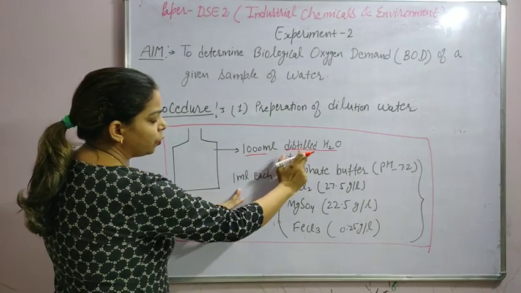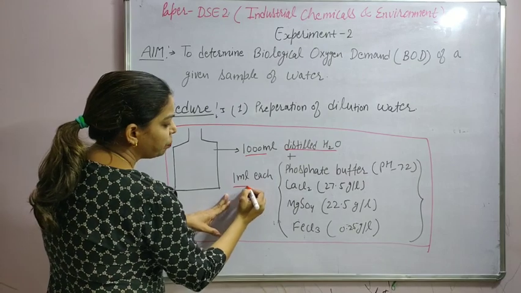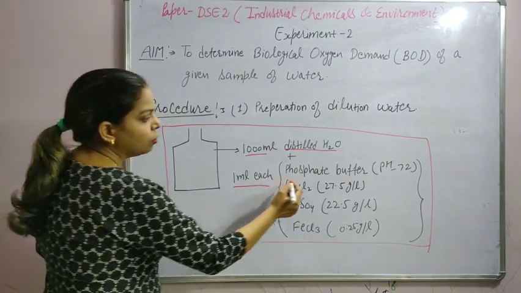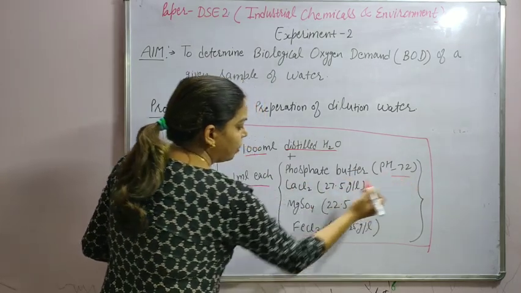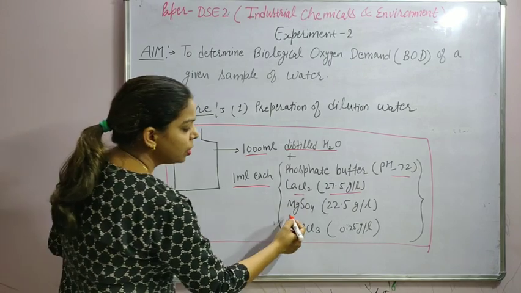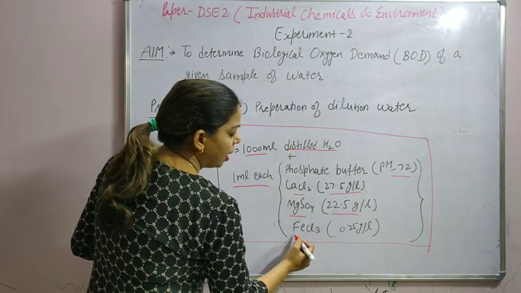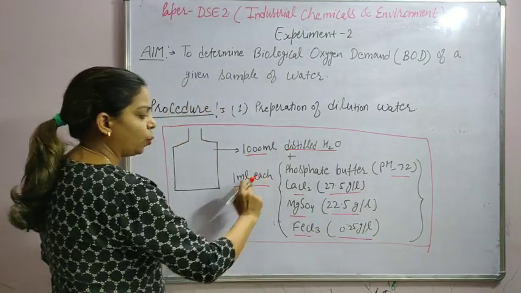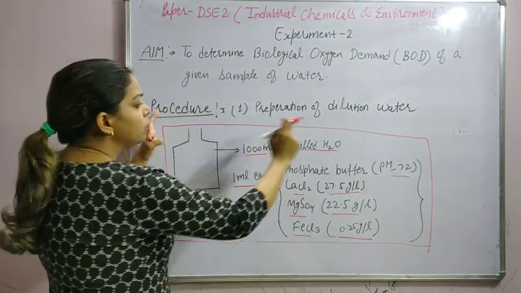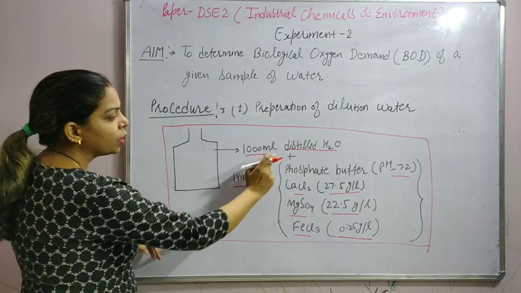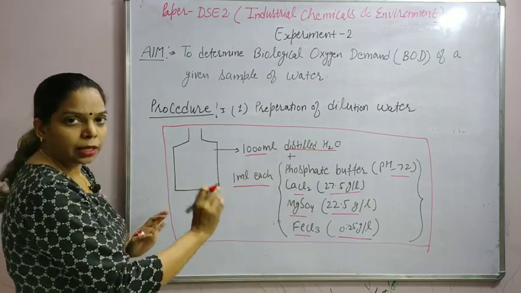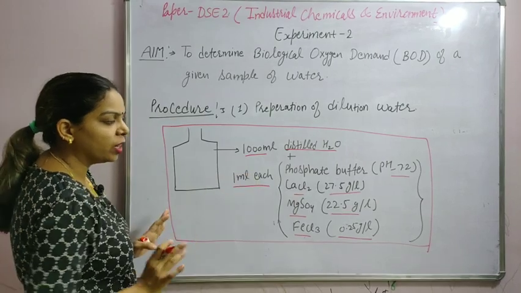To this 1 liter of distilled water, you will add 1 ml of each of these solutions: phosphate buffer to maintain the pH, calcium chloride, magnesium sulfate, and ferric chloride solution, 1 ml of each of these solutions. Alright, so it will be a little more than 1 liter.